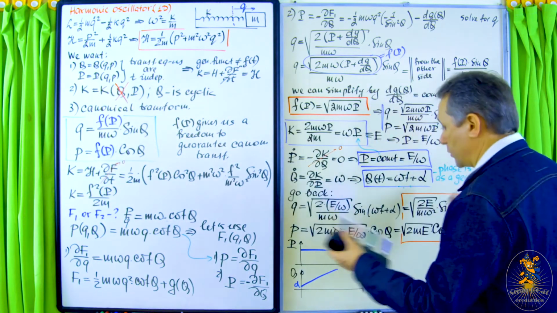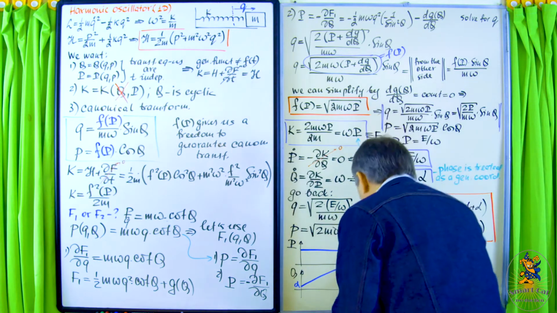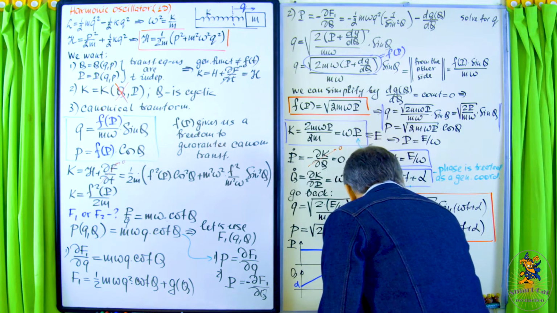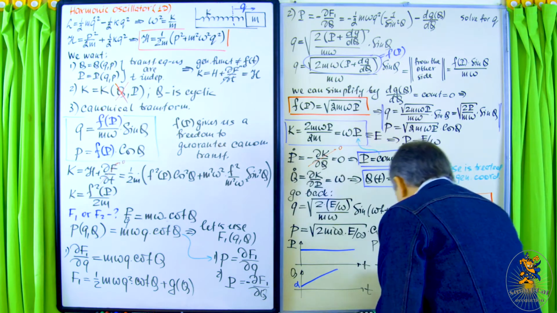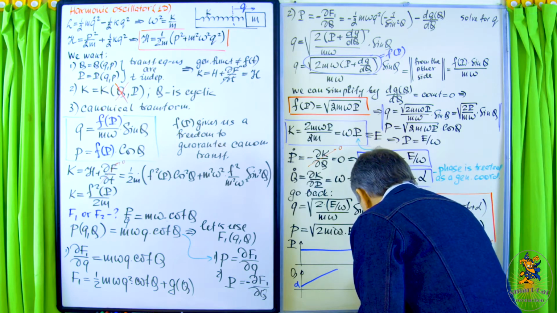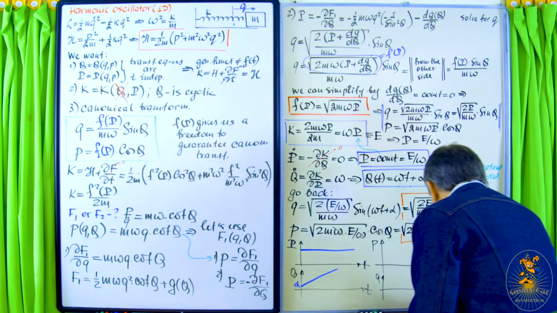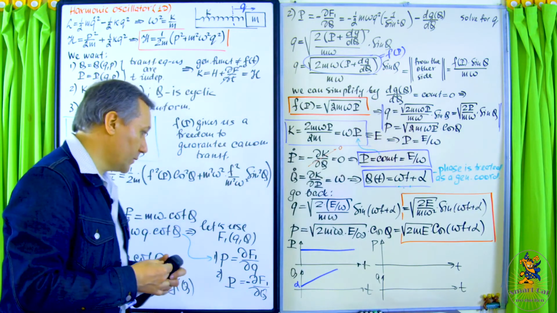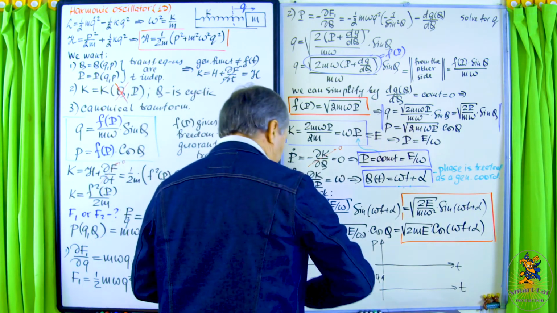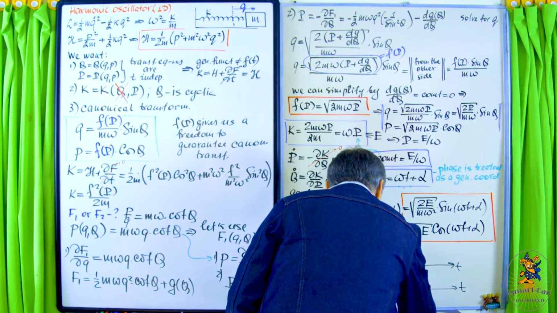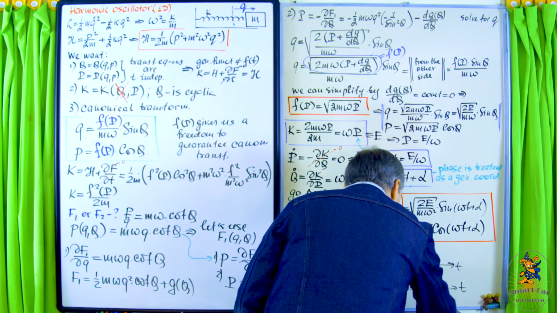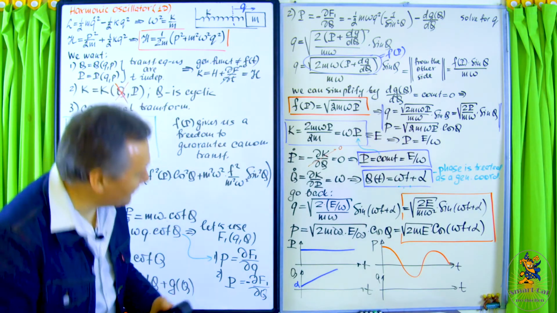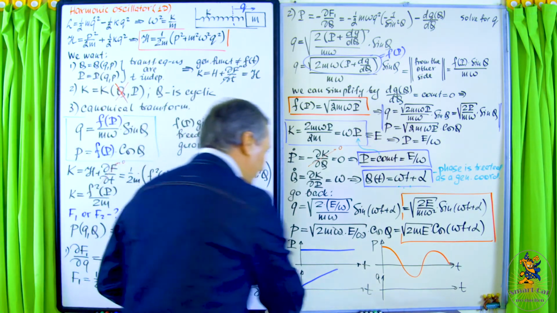But if you plot the solution in the normal coordinates, our regular coordinates, of course it will be sine and cosine. You see it, right? So this will be small p versus T and small q versus T. Now, of course, it will be cosine and sine, with different amplitude.